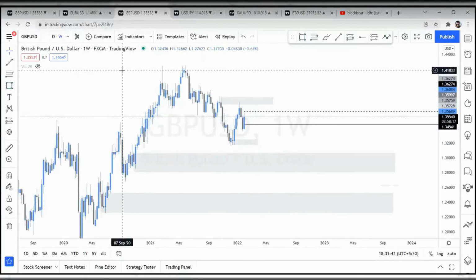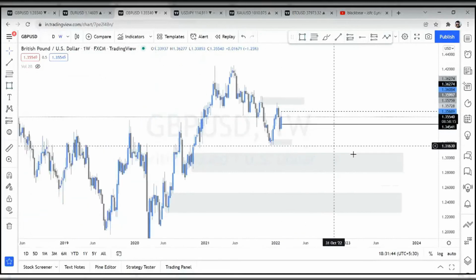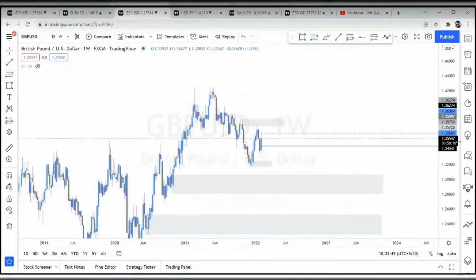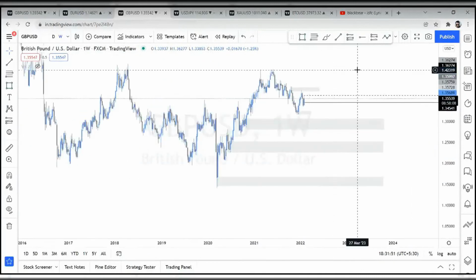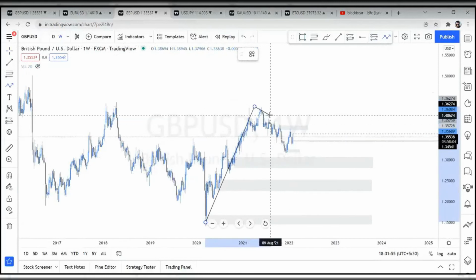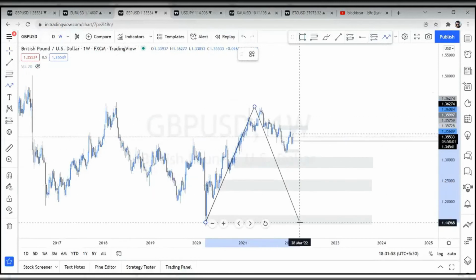Whatever the news outcome, this move from here may reverse from here, from here, from here. I don't know. Nobody knows except the institution.